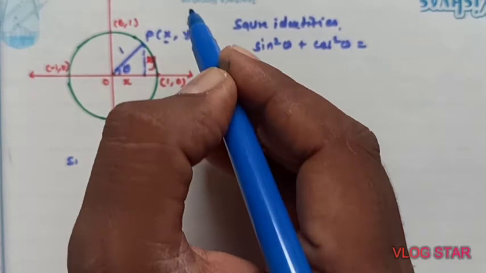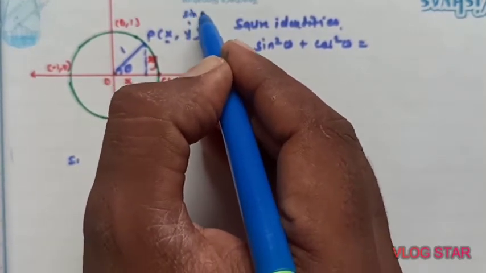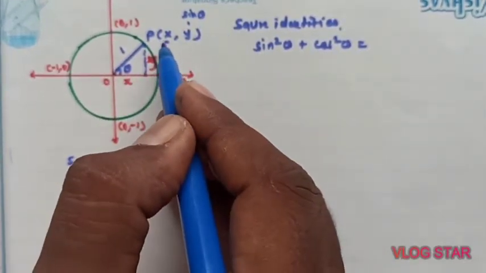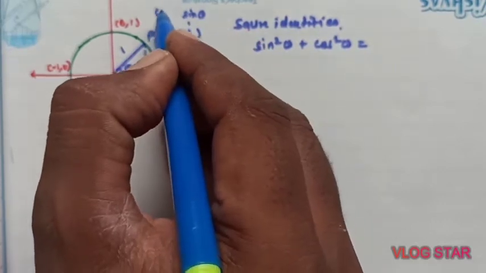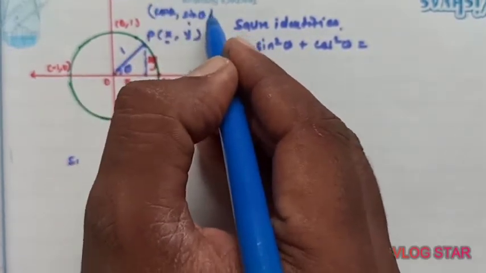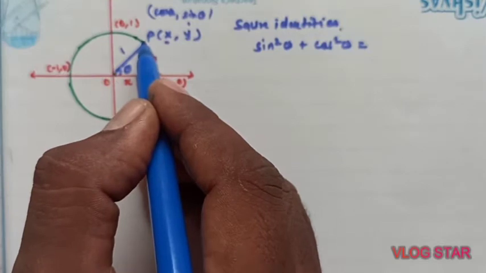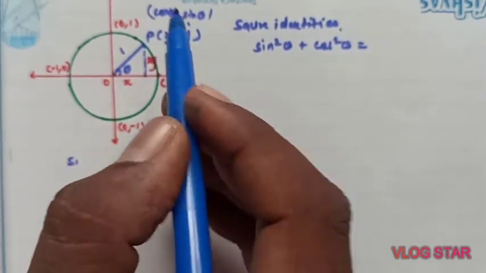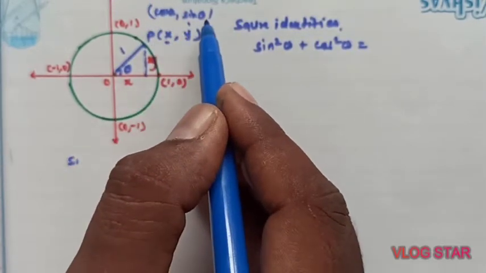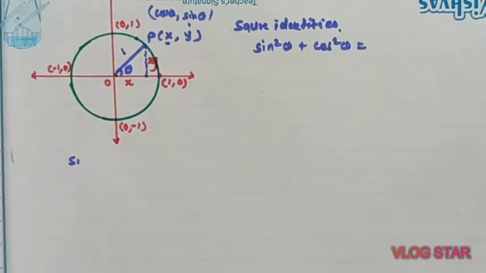So this y is equivalent to sine theta, and cos theta is x. So this is cos theta. So normally the coordinates of P are x and y, equivalent to cos theta and sin theta. So we'll substitute the values.